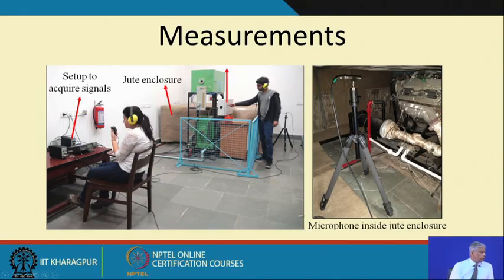Okay. So, here what we have done in this particular case in our laboratory, we have put a microphone inside an enclosure made around this engine, and this is one of my students who has since graduated, who is operating the engine, and this is our postdoctoral fellow.